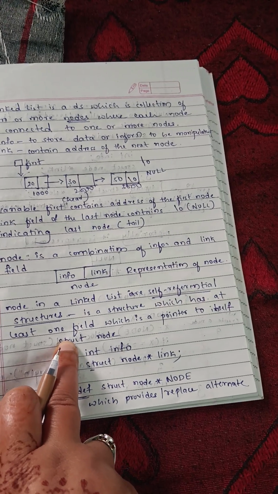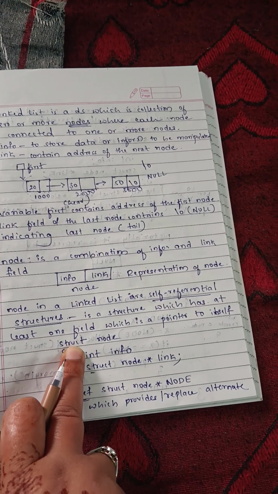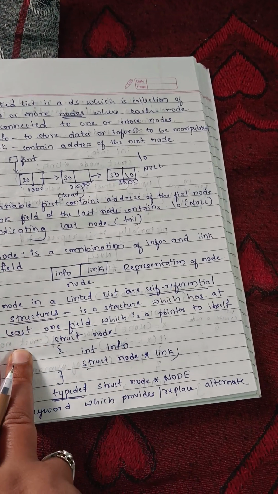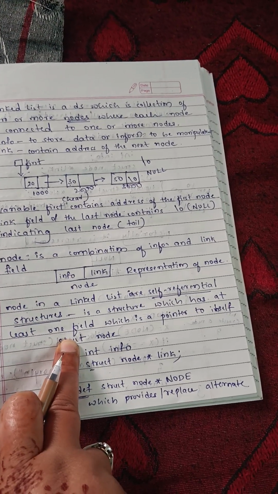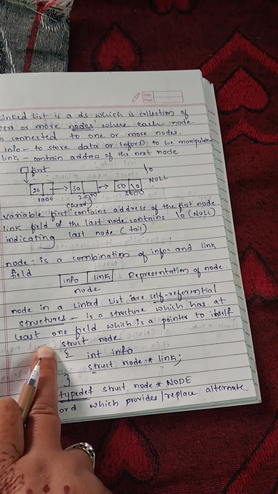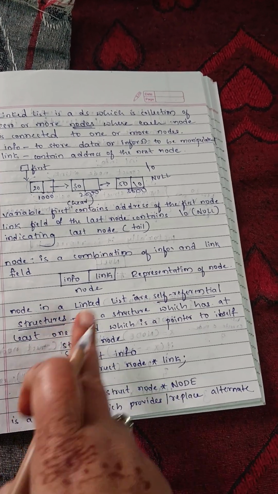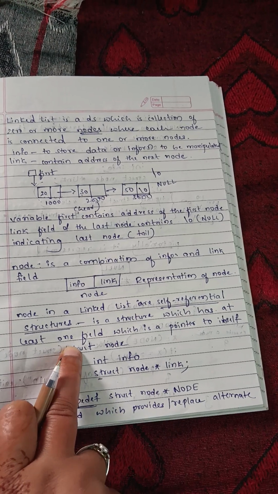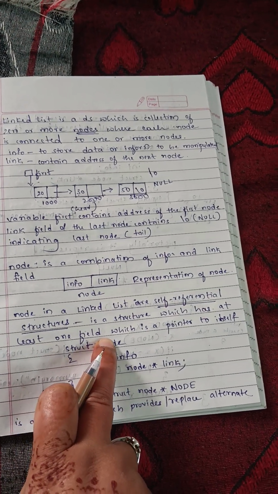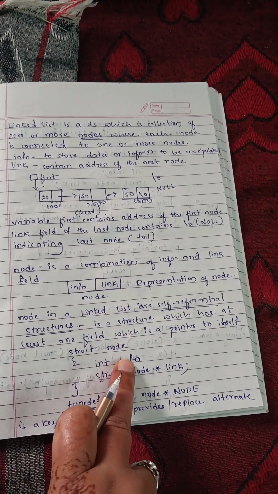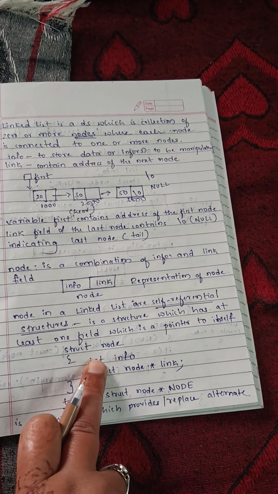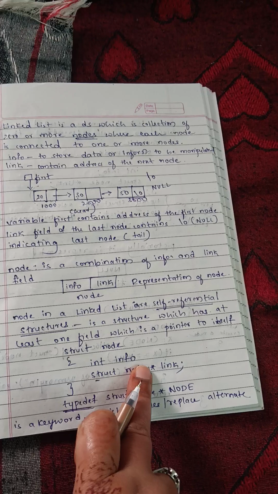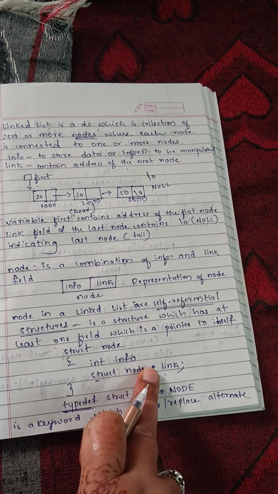I have written struct here. You already know that struct is the keyword for structure. The definition of structure is a combination of different or same data types in different memory locations. I have written struct node here. This consists of info, which is of integer type, and this is the link, which consists of an address.